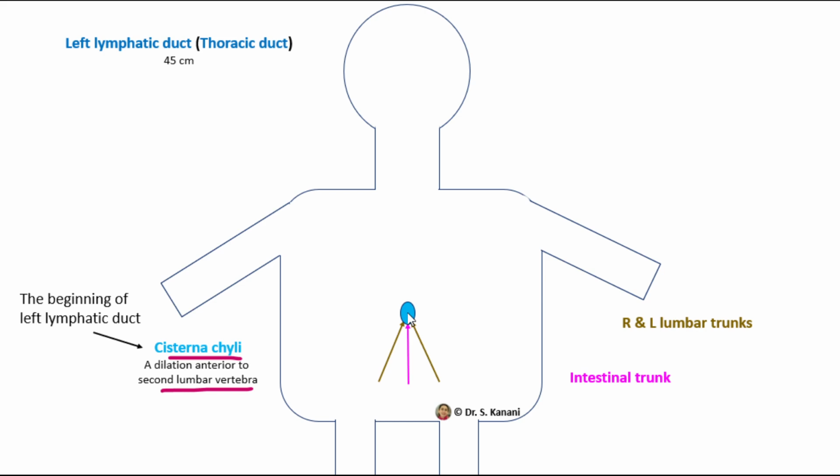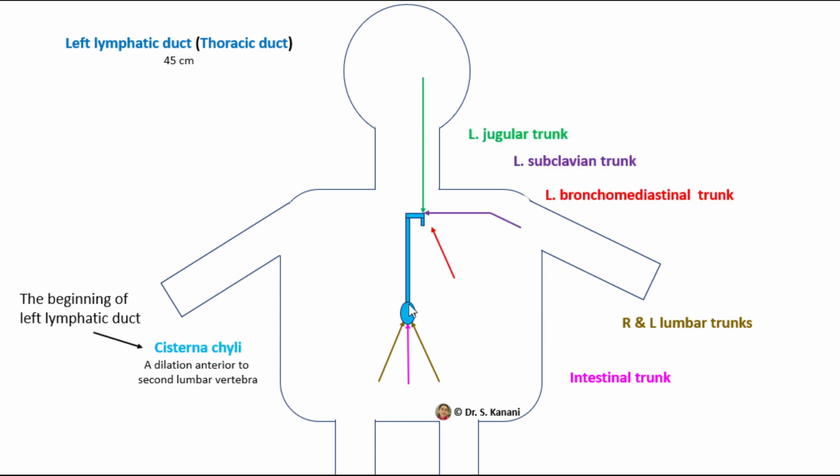When you follow the left lymphatic duct, you notice that most of this duct passes through the thoracic region. That's why we are allowed to name it thoracic duct. It's a very long duct, about 45 centimeters. And as you can see, exactly at cisterna chyli, which is the beginning of thoracic duct, we receive lymph from the two lumbar and the one intestinal trunk.